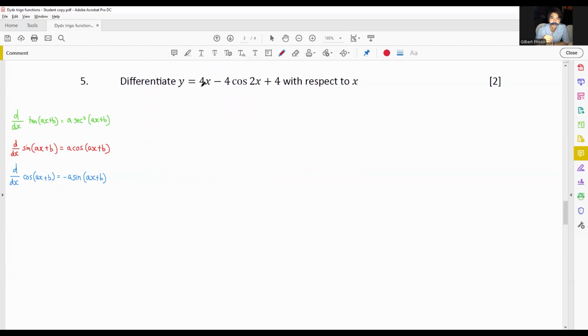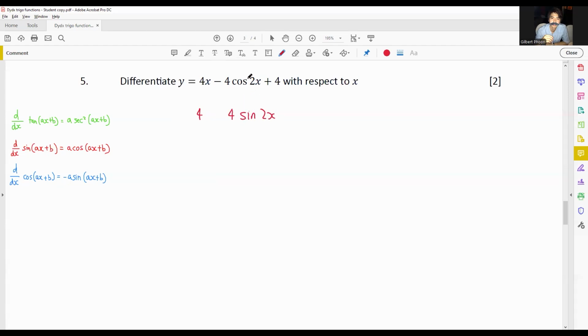Differentiate y equals 4x minus 4 cos 2x plus 4 with respect to x. So differentiating for 4x, you would have gotten 4. Differentiate for cos 2x. This will become sine 2x, and then 4 remains in front.